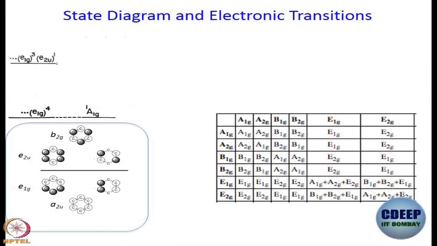So, that direct product gives me B1U plus B2U plus E1U. So, the states that you can generate are these.